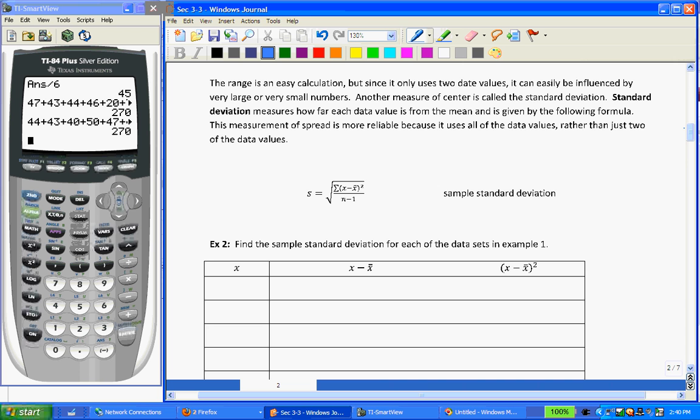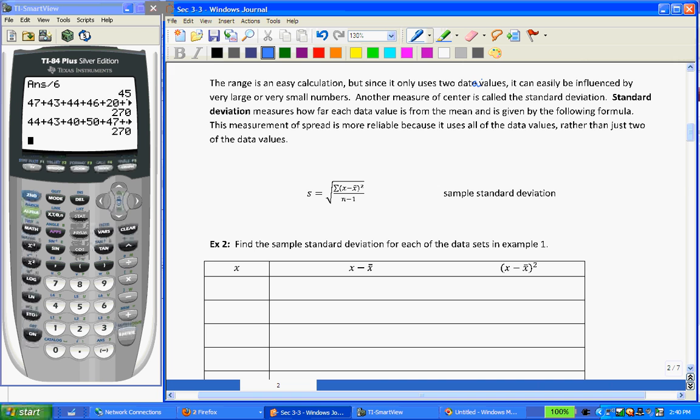So the range is a relatively easy calculation, but it only uses 2 data values. It can easily be influenced by very large or very small numbers. So if we just change one of those values, it can drastically change our range, which was the difference between set 2 and set 3.